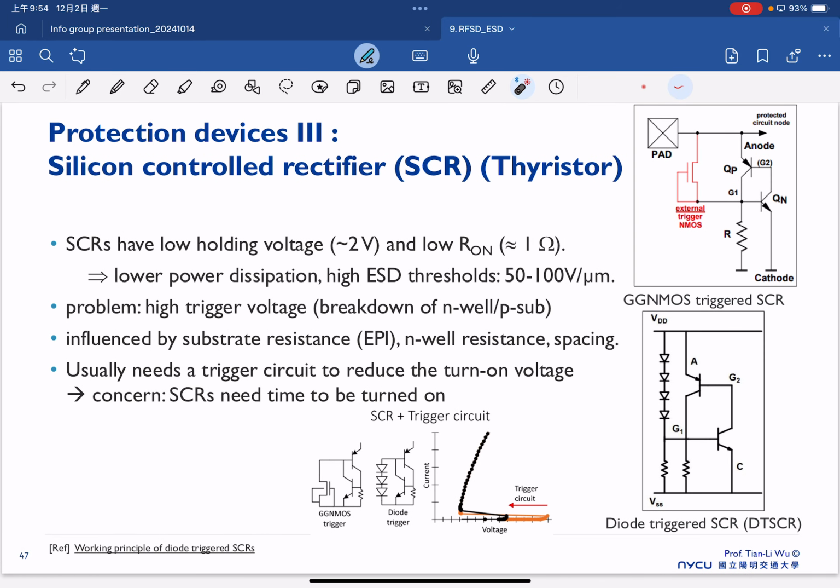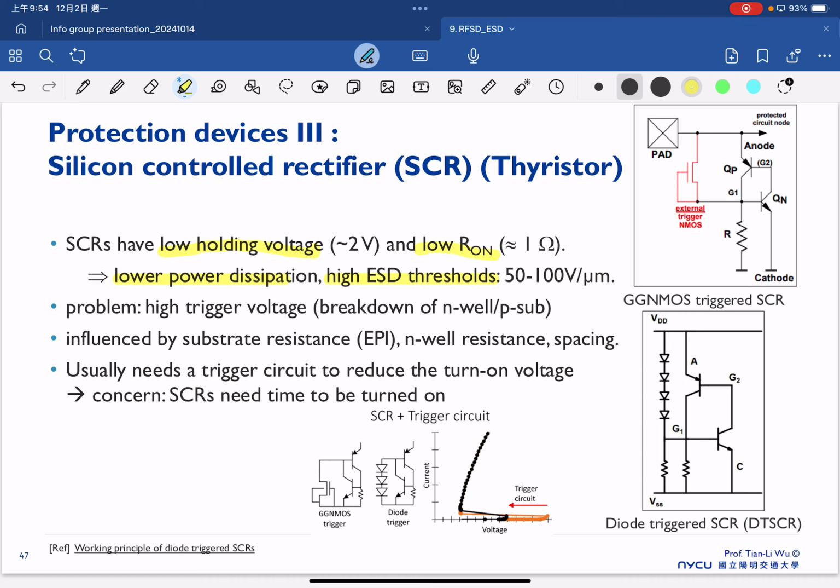Okay, so the third one is very similar. The typical characteristic that we have already mentioned before is that we mainly try to leverage the latch-up. One of the advantages of the silicon control rectifier that can be used for ESD protection is that it has a lower holding voltage and lower resistance. That gives us an advantage of low power dissipation and a high ESD threshold.